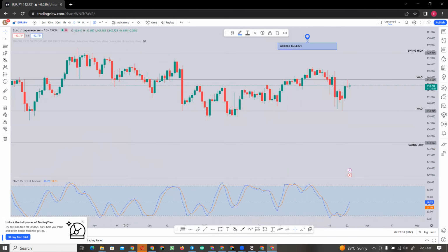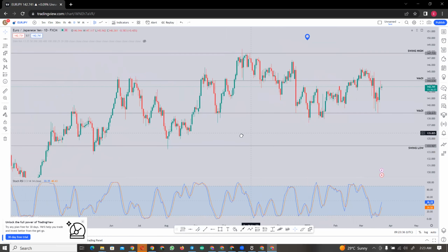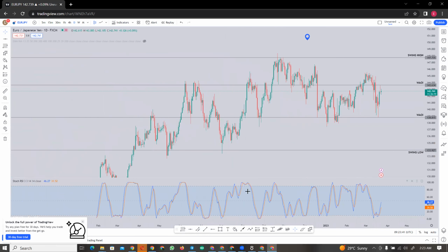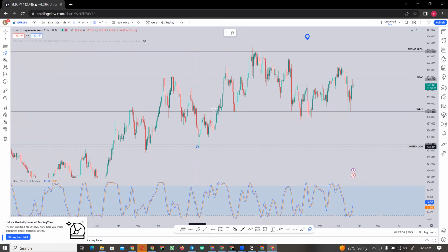You don't need to complicate this. On daily time frame, what are we having here? On daily time frame, we have this. Is this a high? Yes, it is.